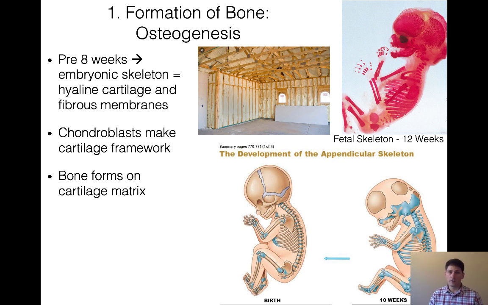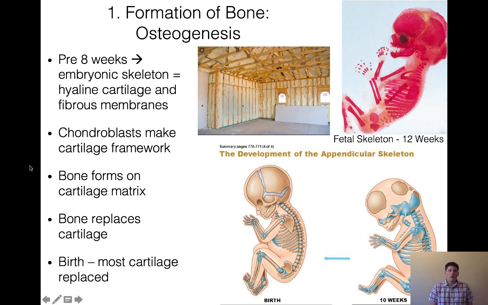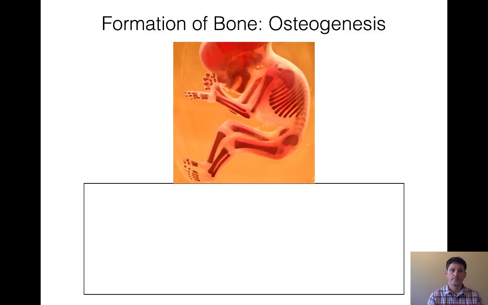It's replacing cartilage, which is why when we look at this bottom right image, you can see we've got lots of cartilage at 10 weeks, but by the time we are born, we have a lot more bone that has replaced that cartilage. At birth, most of that cartilage is replaced, and again, we'll see how that's changing. But if you remember, we always have that hyaline cartilage around the ends of our bones where we have articulations.